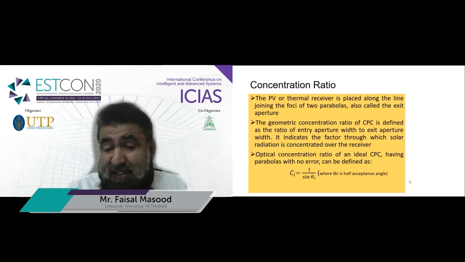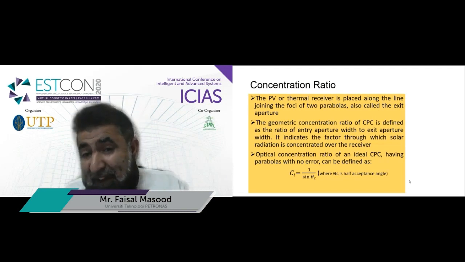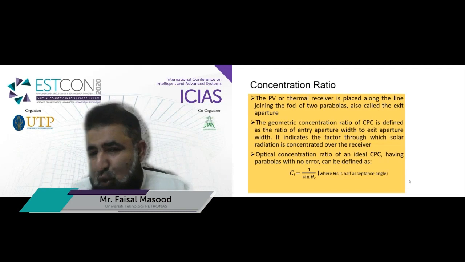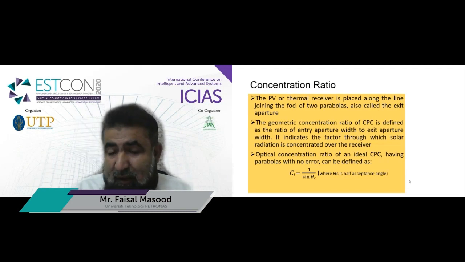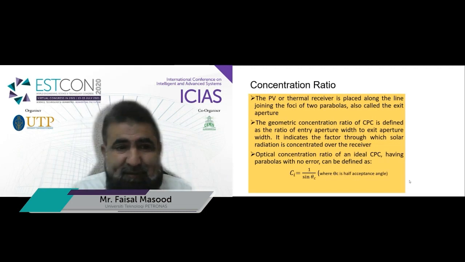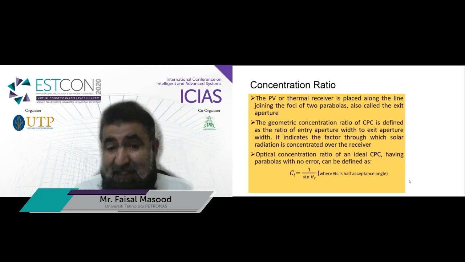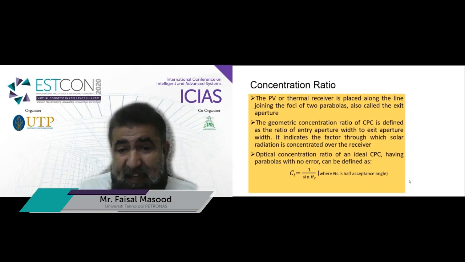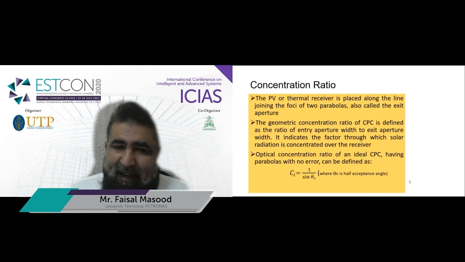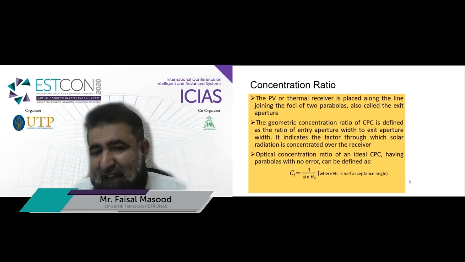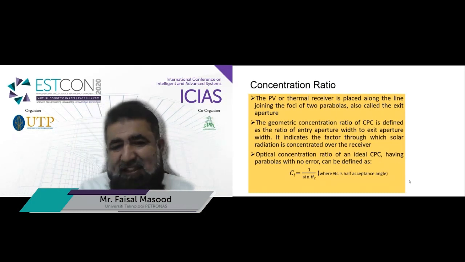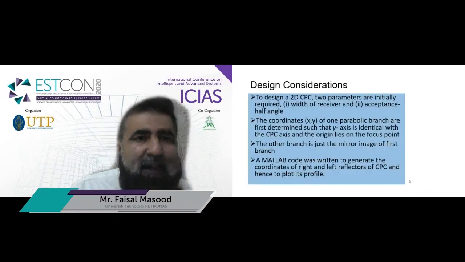This receiver may be a PV receiver or a solar thermal collector, but here we are talking particularly about PV receivers. The optical concentration ratio of an ideal CPC, that is, a CPC having parabolas with no error, can be defined as the reciprocal of sine of angle theta c, where theta c is the half acceptance angle.